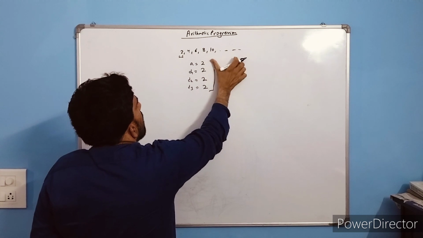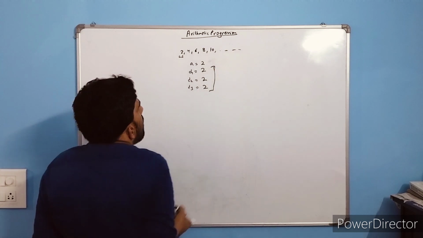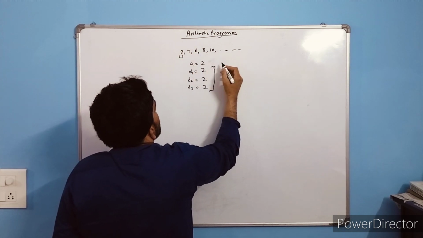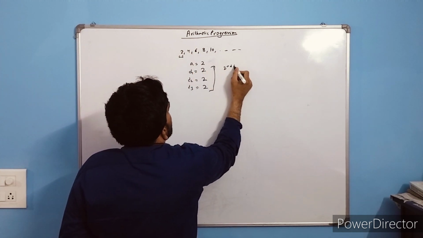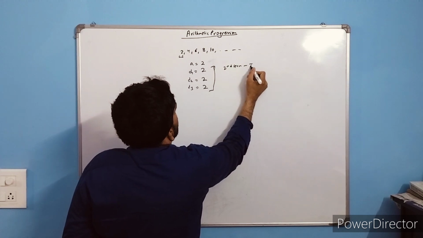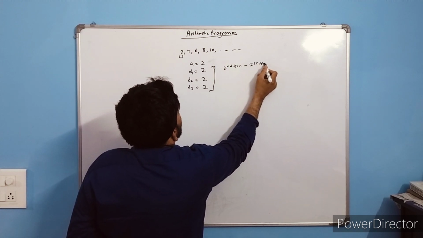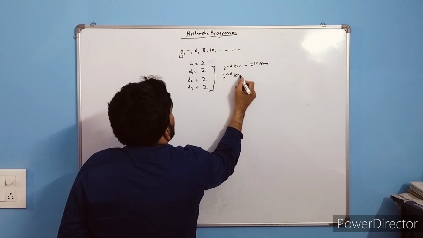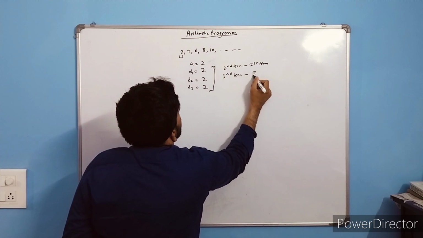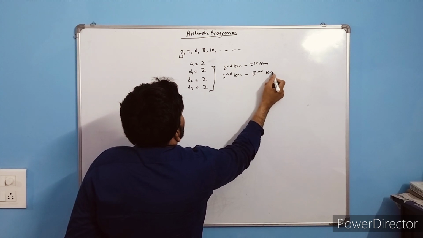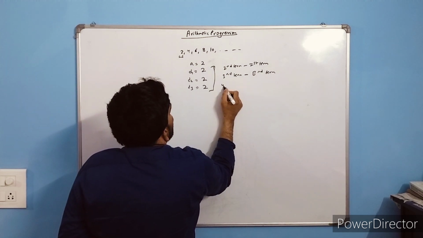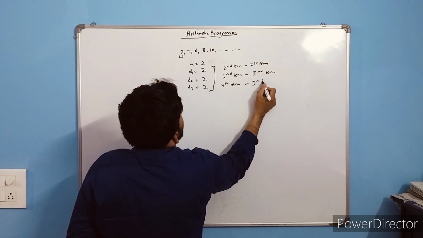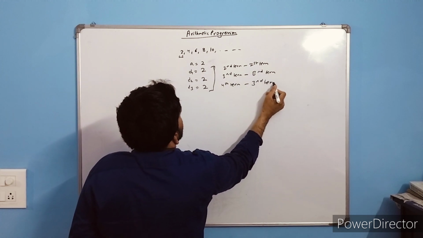So if you have the common difference the same, that is second term minus first term, then third term minus second term, then fourth term minus third term, that is how you find the difference.